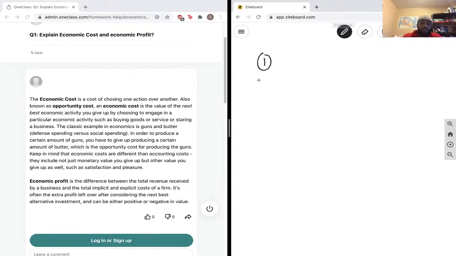It's a great answer. So first things first, we need to note that economic cost is equal to opportunity cost. So basically, if you could define what opportunity cost is, then you're basically defining what economic cost is.